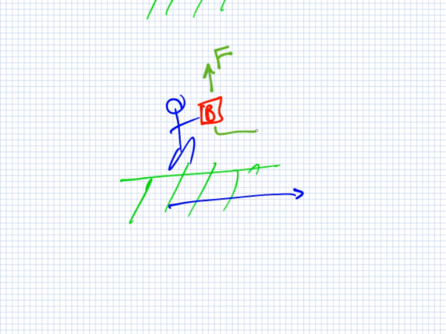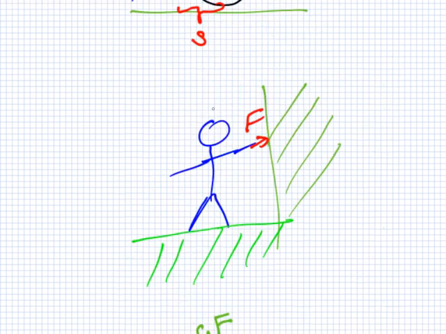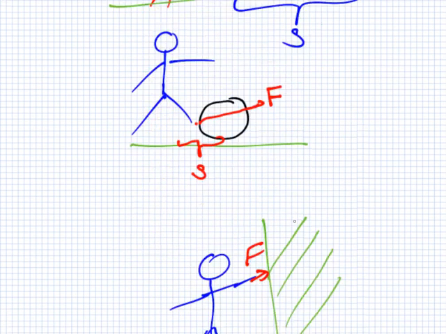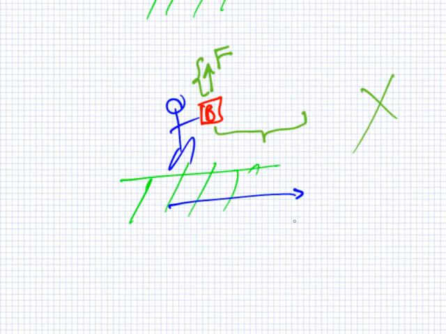The distance is here, isn't it? But you don't use that distance. In your formula, you use the distance in the direction of the force. Here, the distance and the force are in different directions, so you don't use this one. But you might say here there's no work. And that's right. We don't really say the father is doing work here.